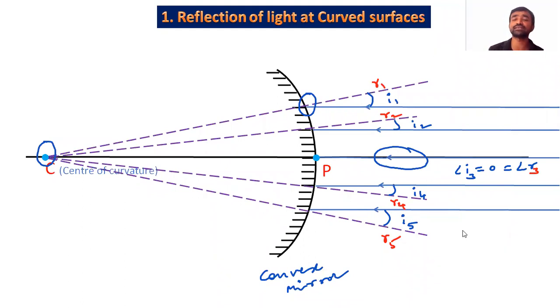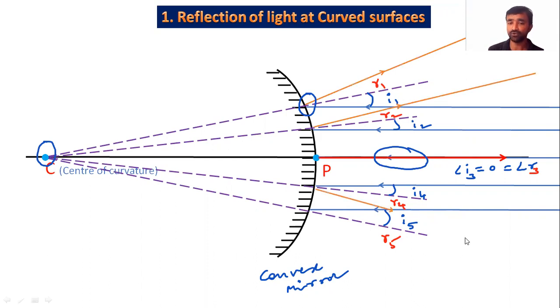Complete the reflected light rays after identifying the angles of reflection respectively for the reflected light rays. So now I am completing. R3 is completed first because it retraces its path. Then next, see here, ray 1 is completed. Next the second ray, third ray, sorry, fourth ray.